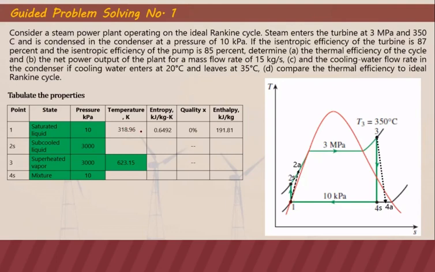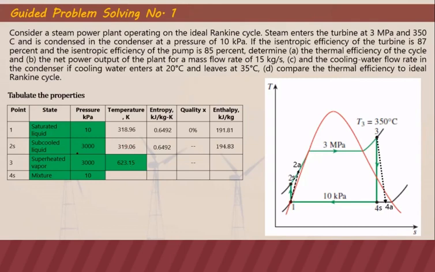Since process 1 to 2 is an isentropic process, they have the same entropy. Then using specified state points for the subcooled liquid region, inputting 3000 kPa and entropy of 0.6492, our temperature and enthalpy are as follows. As you can see, there is an increase of temperature after the pumping.